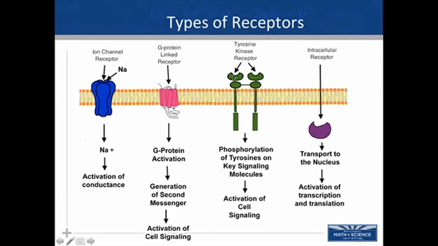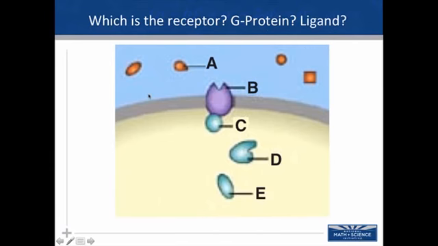The tyrosine kinase receptors usually come in tandem and are associated with phosphorylation. And then there's the intracellular receptor, where the example that we looked at was the testosterone example. So I wanted you to see those drawn in a different format, even though they're very similar in function to the ones that we covered. They are not exactly the same in the way that this particular artist drew them.